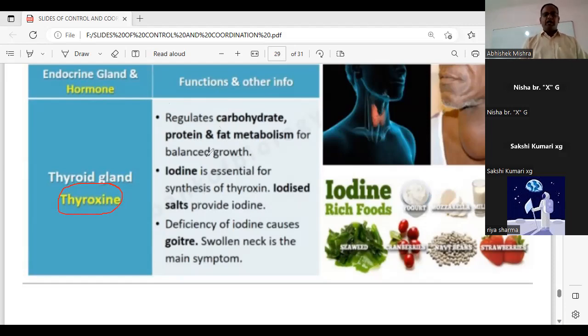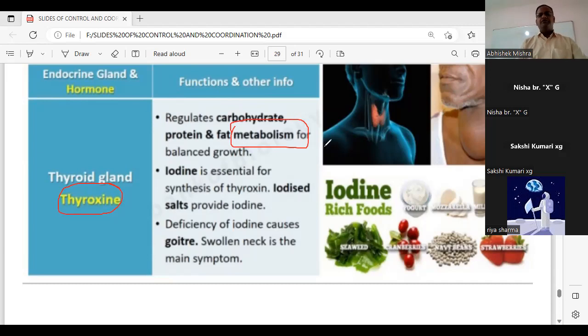This is a problem. But one very important term has come up over here: metabolism. We have discussed it in the chapter on life processes also. The thyroid gland secretes the hormone thyroxine, which controls the metabolism of carbohydrate, protein, and fat. But what is metabolism over here?